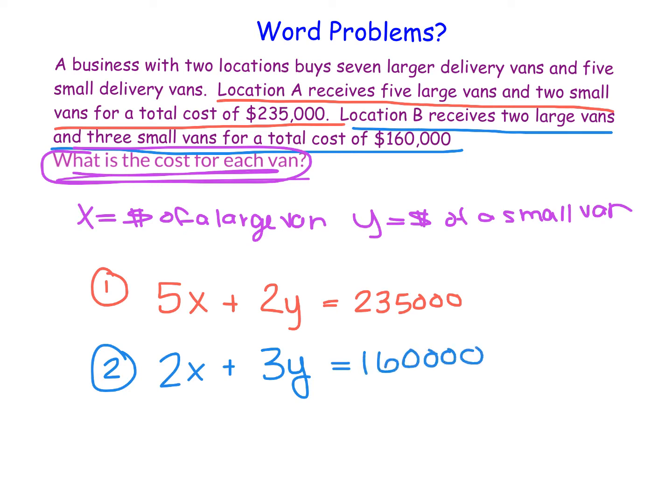So now I have 2 equations paired with my 2 unknown variable values, and now from here I can use graphing, substitution, or elimination, whichever one I think would be the most helpful, and I can solve this system of equations, and by the end, once I find values of x and y, I will then know the cost of a large van and the cost of a small van that will produce these 2 cost situations.